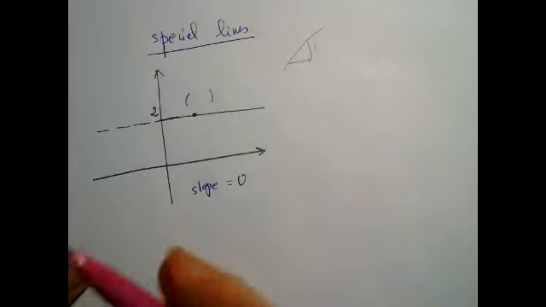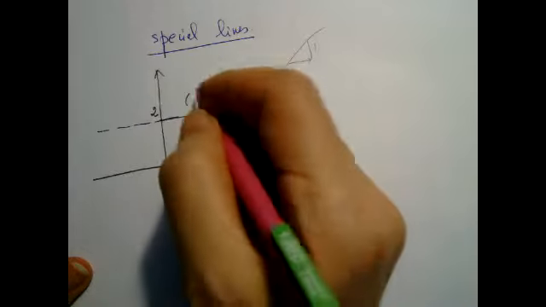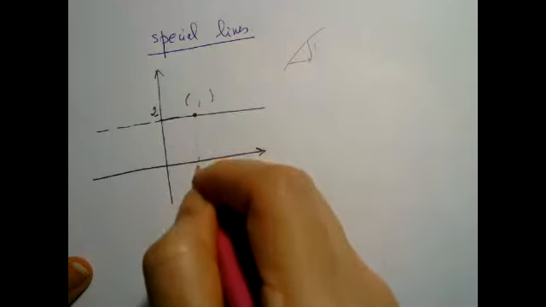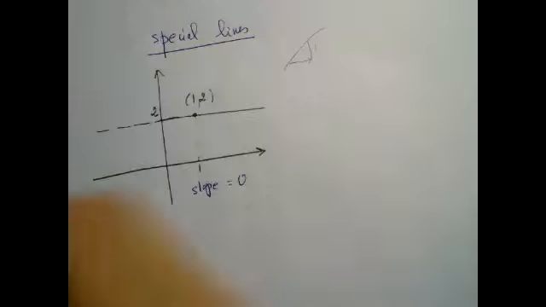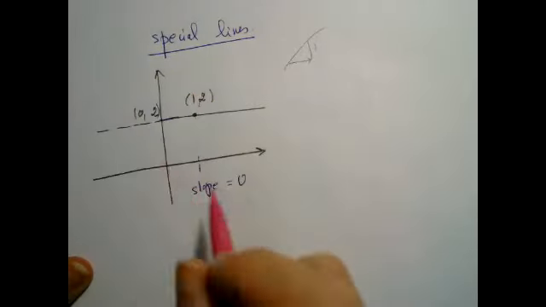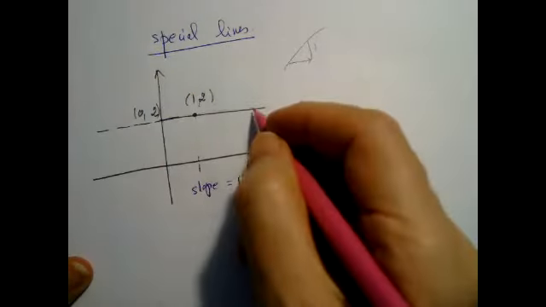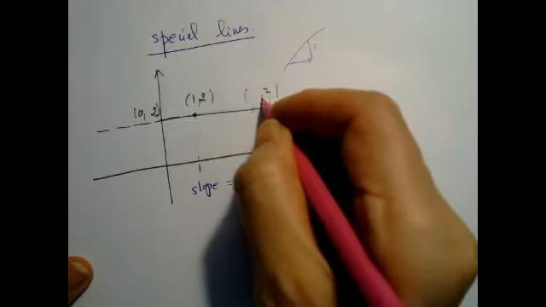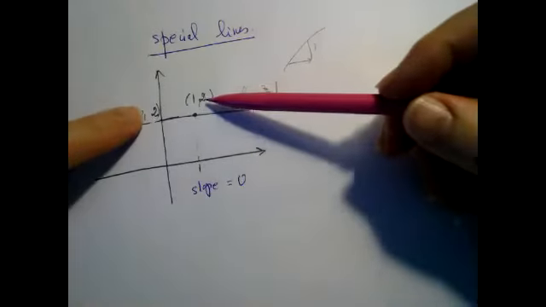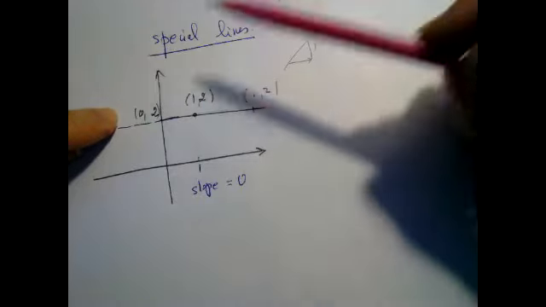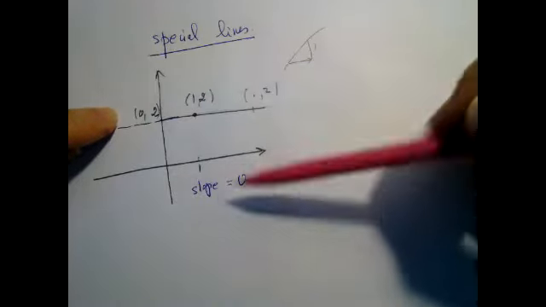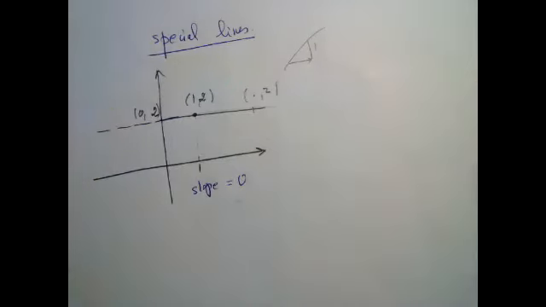Another way you can figure out the slope is 0 is that if I take a point on this line, suppose this is 1, this is going to be 2. If this is 0, this is going to be 2. So regardless of what x is, the second coordinate is going to be equal to 2. So if you use the formula for the slope, you have 2 minus 2, which is 0. There is no y change. Divided by 1, the slope is 0.